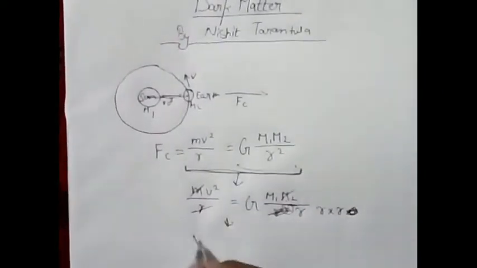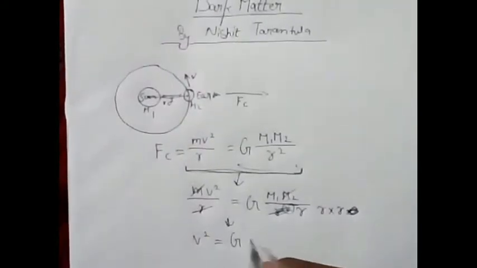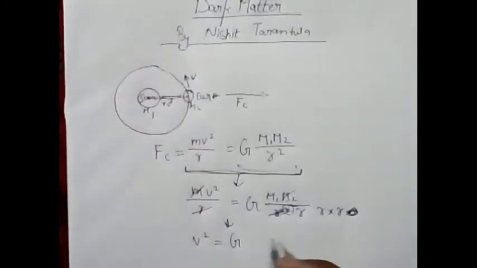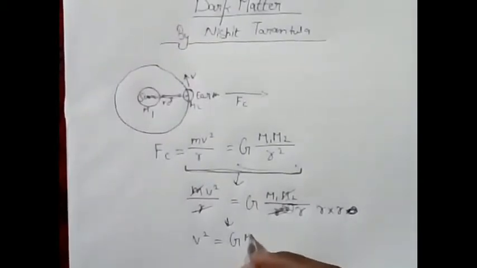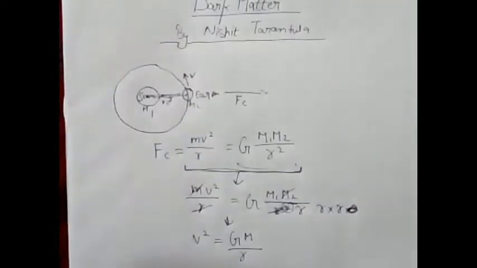And we obtain v squared is equal to capital G, which is the gravitational constant, times M by r. Here the gravitational constant as well as the mass of the sun are constant, divided by r, which is the radius.